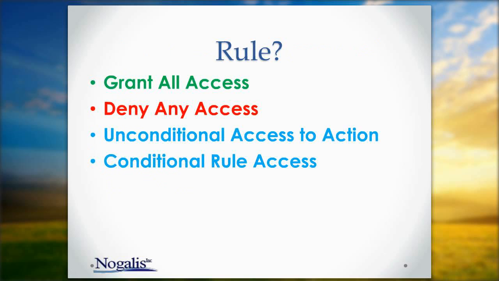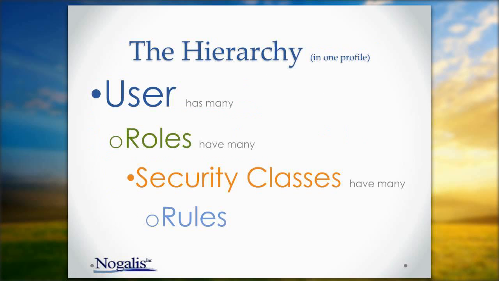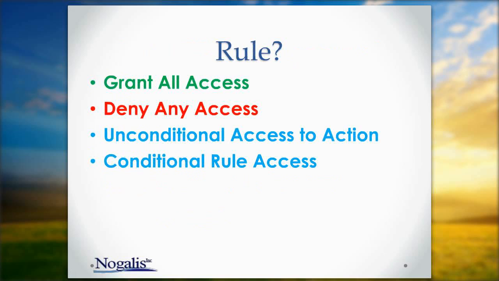So what is a rule? We talked about, I'm going to go back 2 slides, we talked about a user has roles, a role has security classes, and a security class has rules. So a rule is the tool you have to secure access to a specific screen.